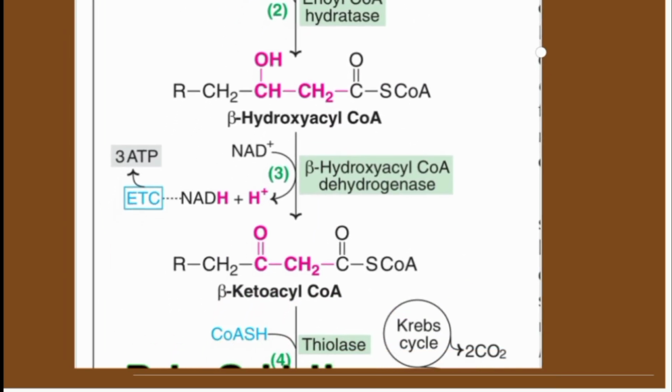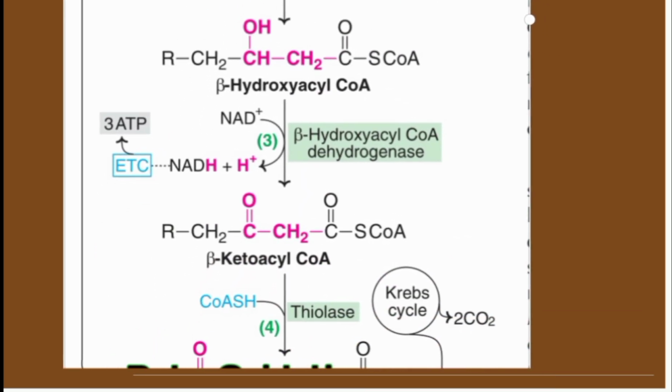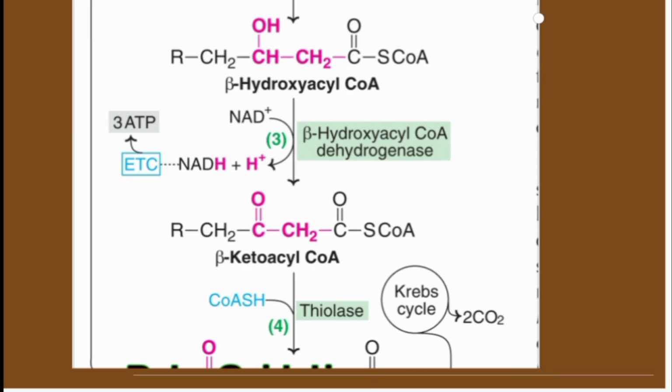The beta-hydroxyacyl-CoA is then converted to beta-ketoacyl-CoA by the enzyme beta-hydroxyacyl-CoA dehydrogenase, and we form another energy-rich intermediate, NADH plus H+, and this is equivalent to 3 ATP.